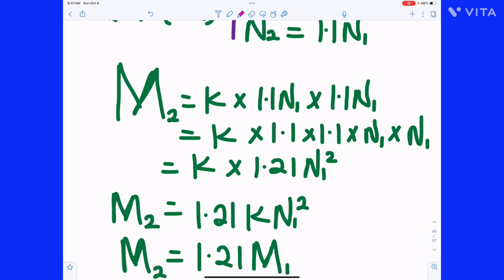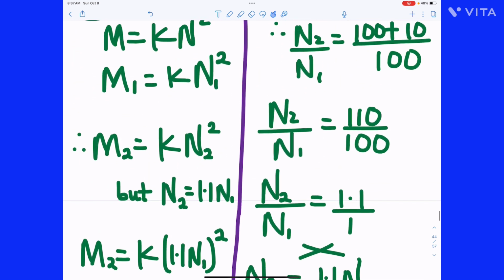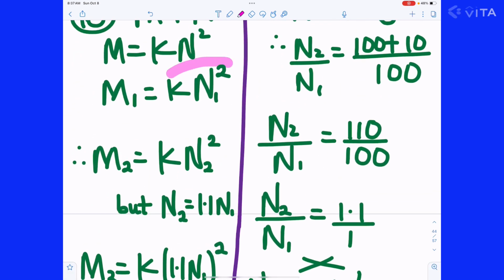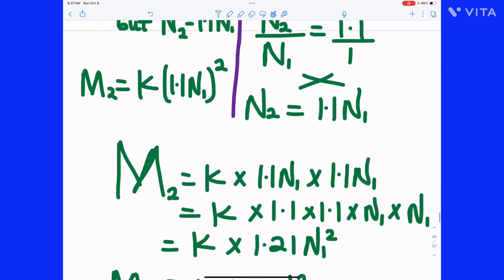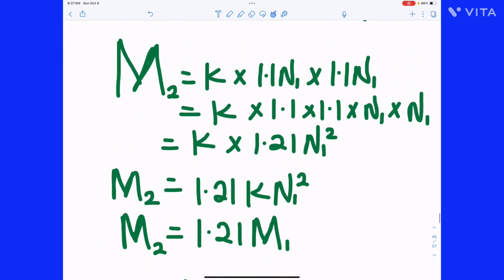But you will remember that this expression kn1 squared is the same thing as m1. So m2 will be what? 1.21 times m1, because this expression represents m1. m1 is k times n1 squared.